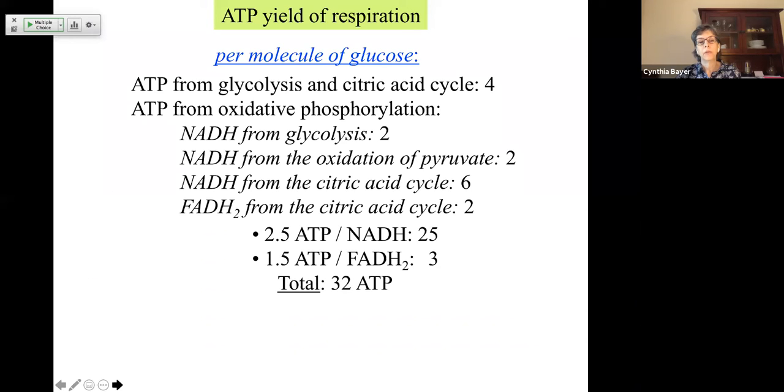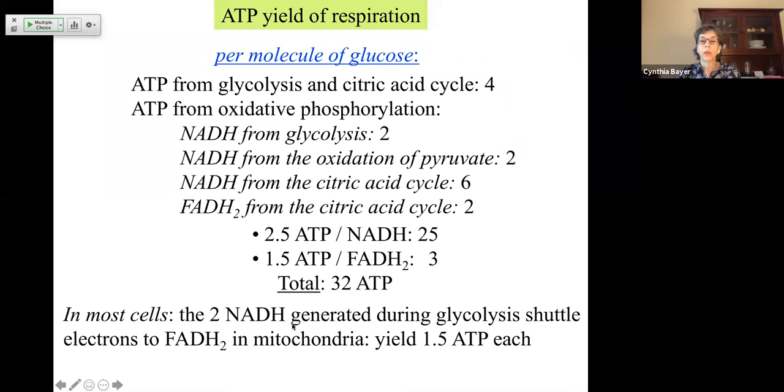And so in most cells, the electrons from NADH are going to be transported across the mitochondria, and they're passed to FADH2. And therefore, those electrons correspond to 1.5 ATP each rather than 2.5 ATP each, which results in the total yield of 30 ATP.